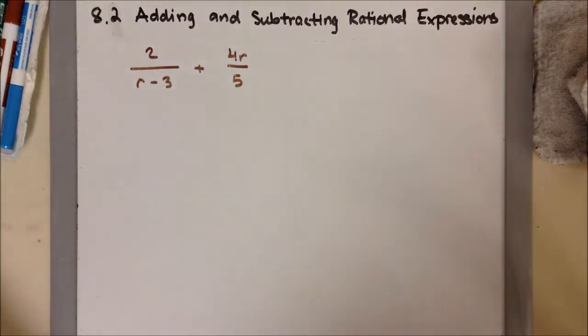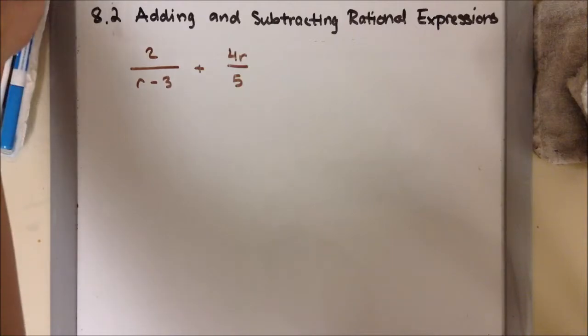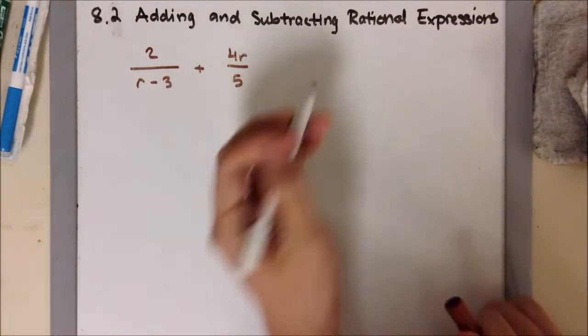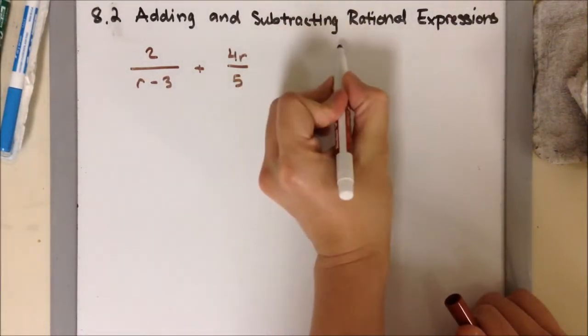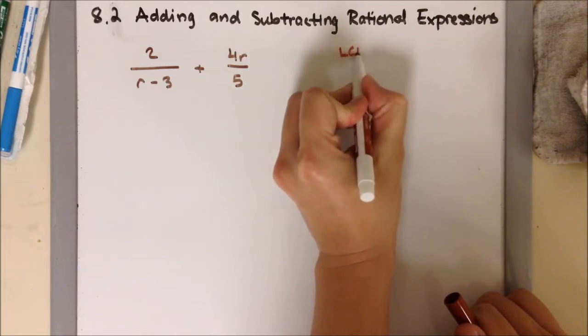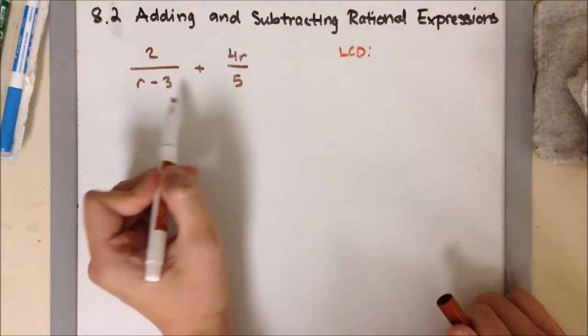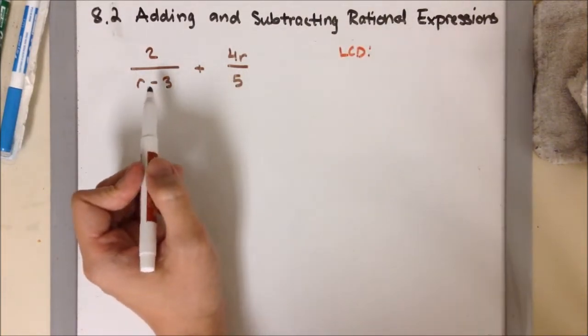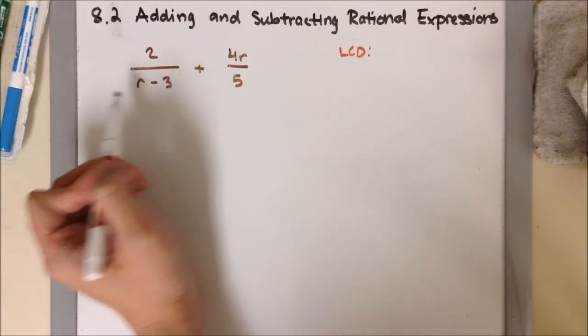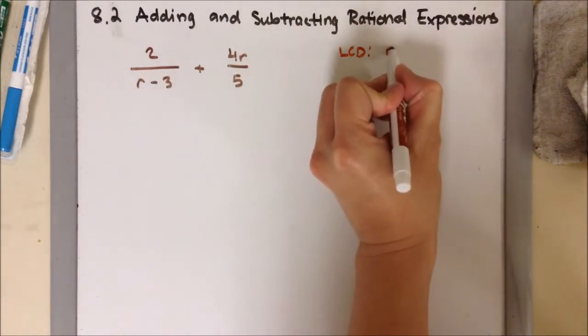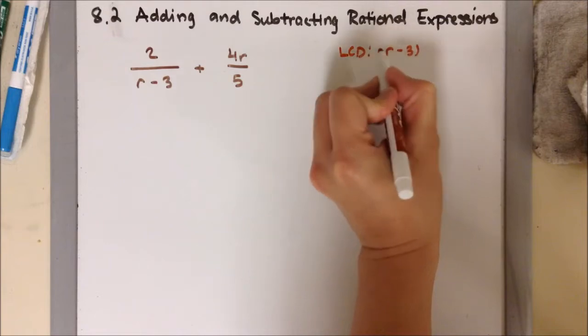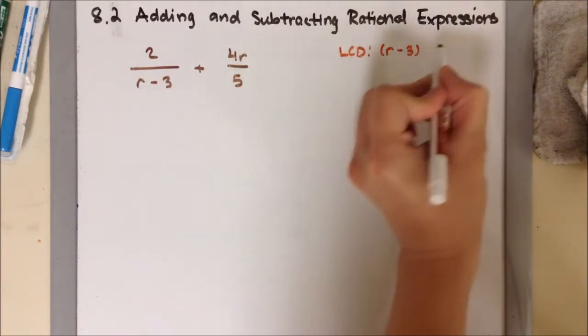Now, next is to identify the LCD. So let's identify our LCD. According to the denominators of the two fractions, this fraction has r minus 3, while the second fraction has a 5.